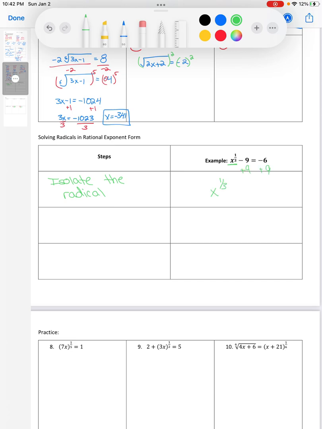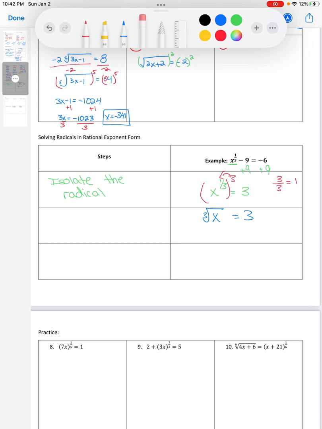So you have x to the 1 over 3 equals 3. Now remember, this is just like I have the cube root of x equals 3. So in order to get rid of that exponent, if I raise this to the 3, well, remember our exponent properties? We multiply the exponents. So that's just 3 over 3. What's 3 over 3? 1. So that's how we cancel it out.